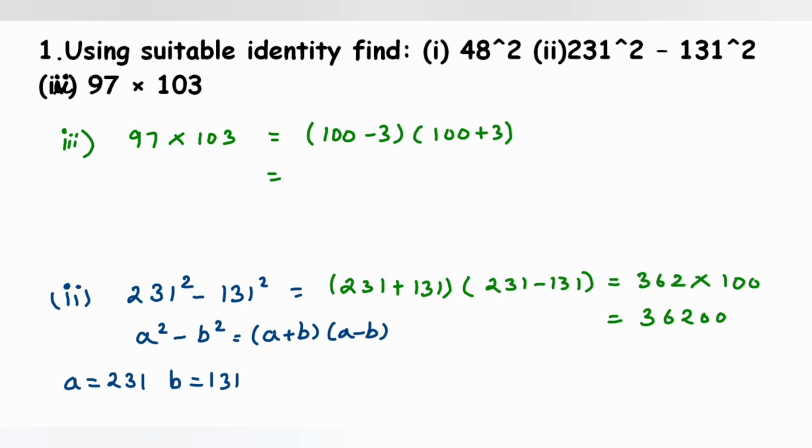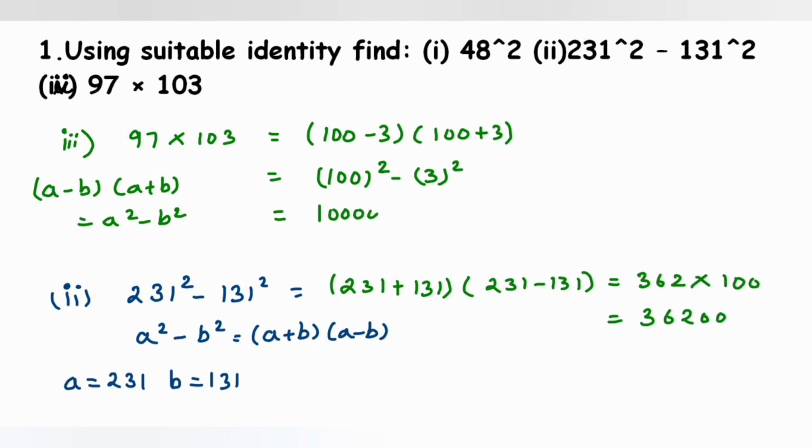So we know that (a minus b) into (a plus b) is a square minus b square. The same identity we have used for the second question, but we're just interchanging LHS and RHS. So we'll get 100 square minus 3 square, which is 10,000 minus 9, which is equal to 9,991. This is the answer for the third question.